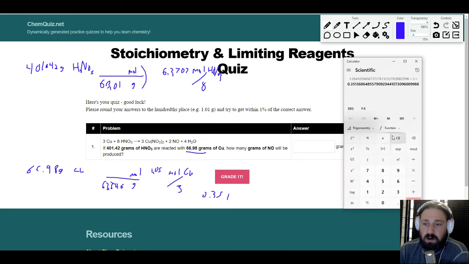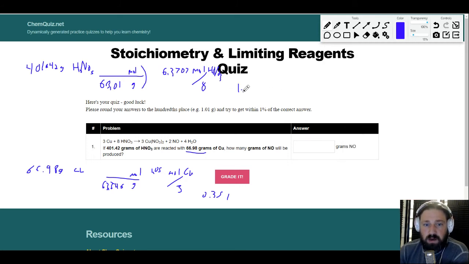And up here, 6.3707 divided by 8 is going to be 1.14. It didn't matter this time, it worked out, but that copper is indeed going to run out first. This number is the lesser one.